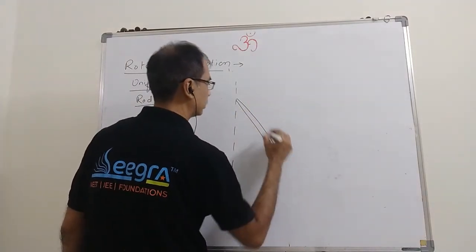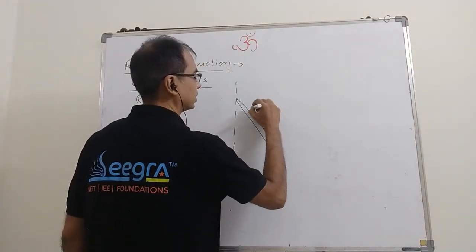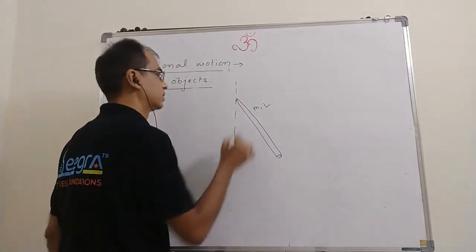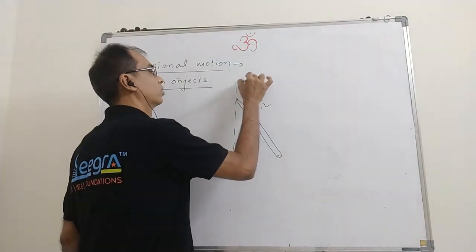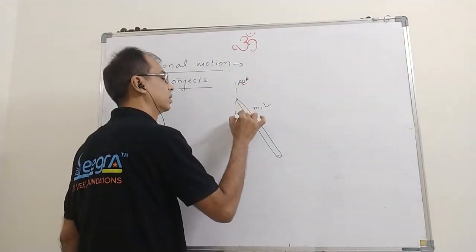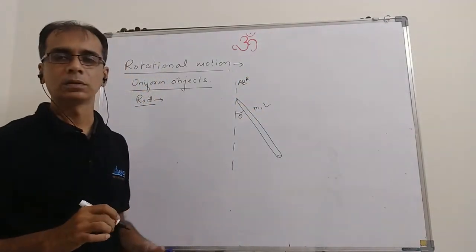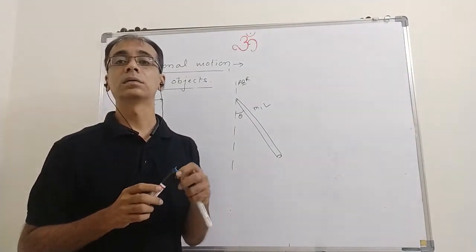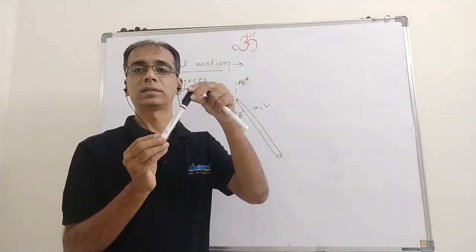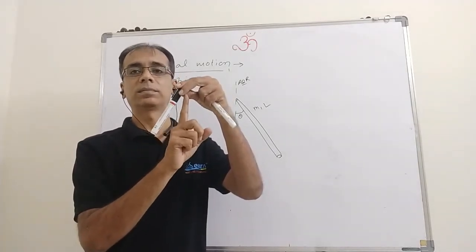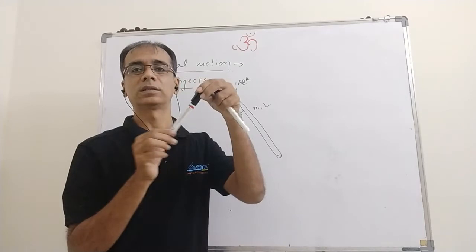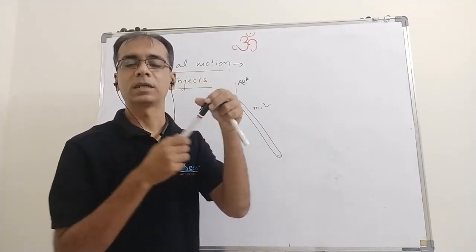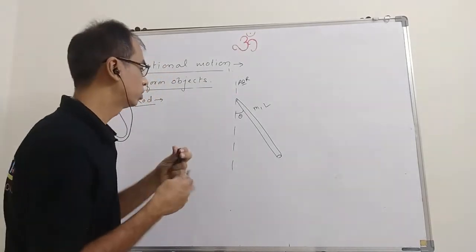This is the rod, with mass and length, and this is the axis of rotation. And this is making theta degrees. So how is it trying to rotate? It's trying to rotate by making a cone like this. The axis is here. How will it rotate? Like this. What will it make? A cone. It is going to rotate like this.